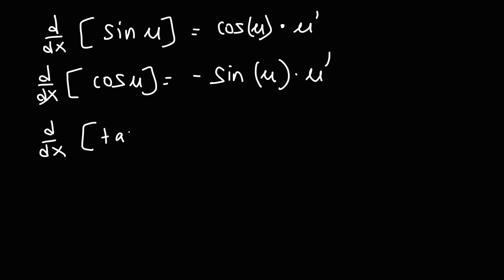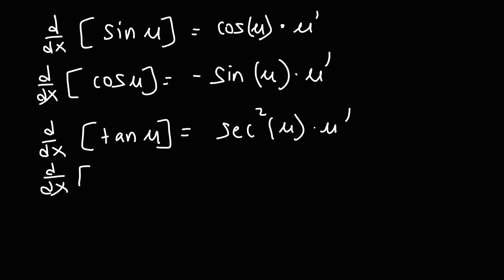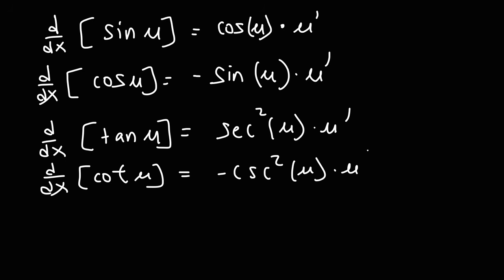The derivative of tangent u is going to be positive secant squared u times u prime. The derivative of cotangent u is going to be negative cosecant squared of u times u prime.